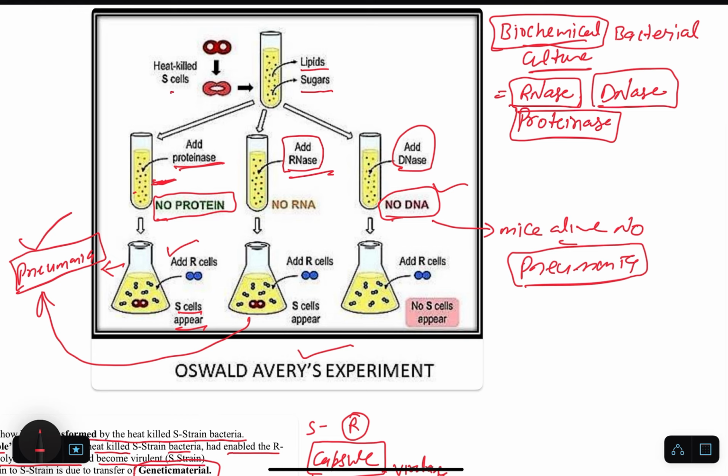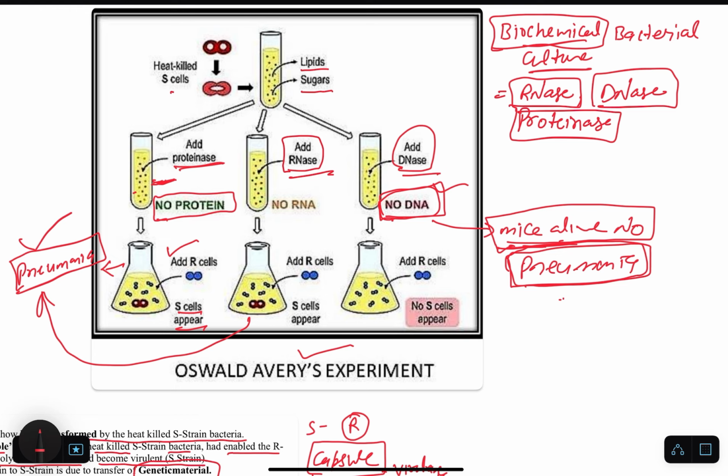But when they use DNase, there is no presence of DNA, and they use R type with this, and no pneumonia is caused in this case, due to which mice is alive. It shows that if the DNA is transferred, then mice must get pneumonia.